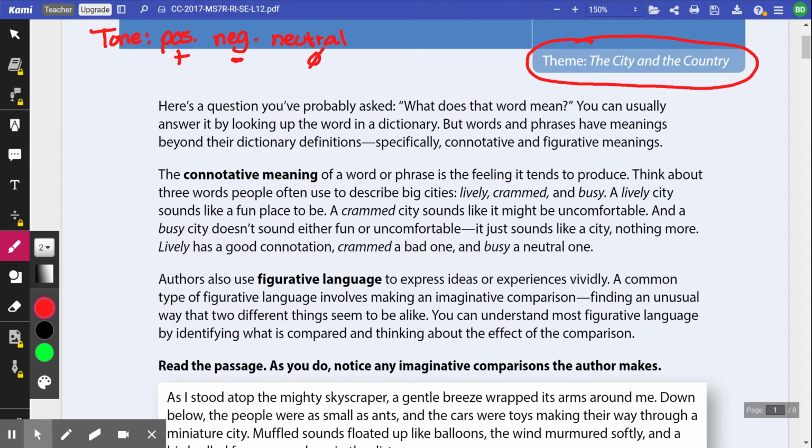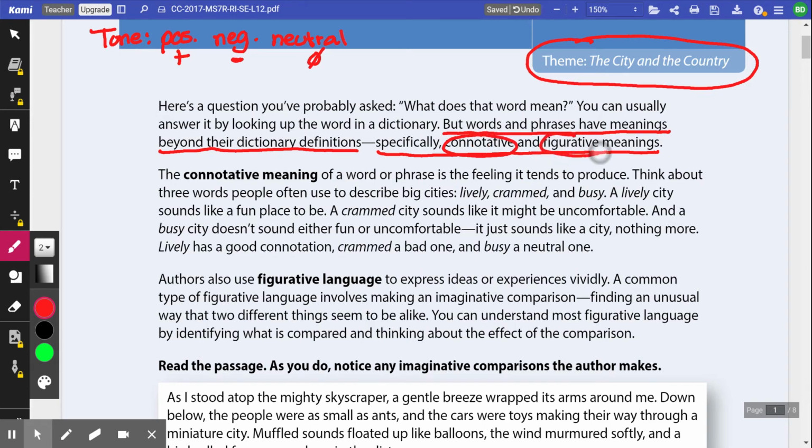So follow along with me, guys. Here's a question you've probably asked. What does a word mean? You can usually answer it by looking up the word in the dictionary, but words and phrases have meanings. I'm going to underline that because that's important. They have meanings beyond their dictionary definition, specifically connotative and figurative meanings.